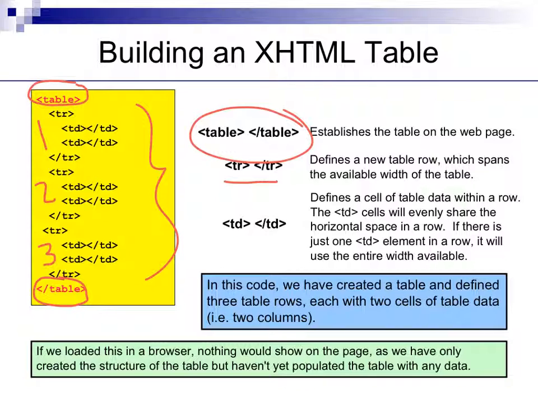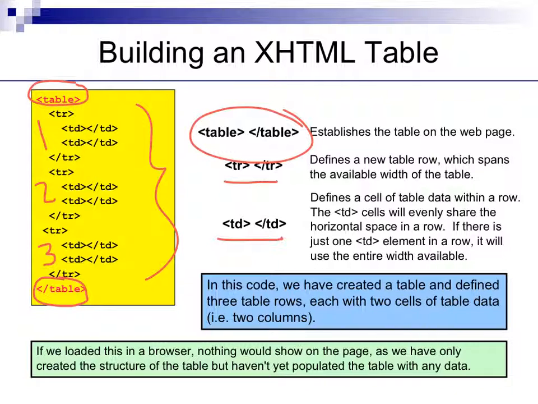In a row, it's going to span the entire width of a table. Okay? So say you have 940 pixels available for this table. That row will span 940 pixels. All right? You may not understand what that means quite yet, but you will. So a table row is going to create each individual row.